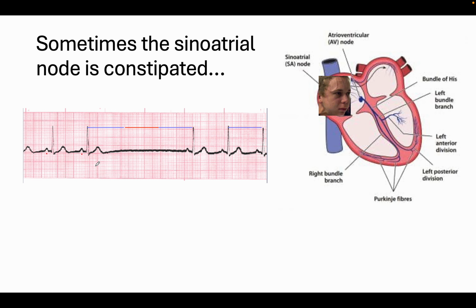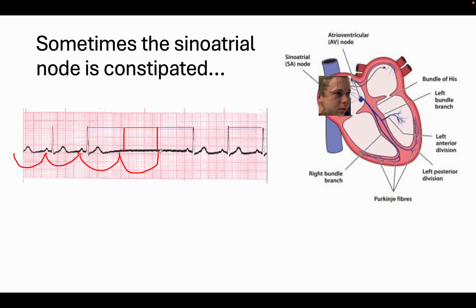However, if you were to map out the P waves and move it along, you'd see that there should have been a P wave here, there should have been a P wave here, and then obviously there is a P wave there. So there's a pattern to the electrical failure.